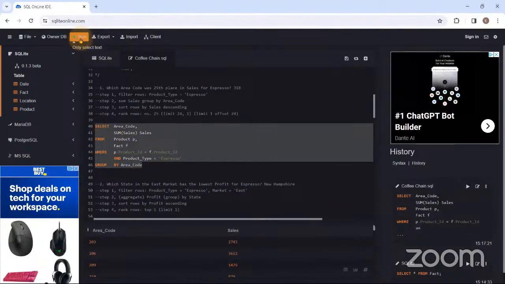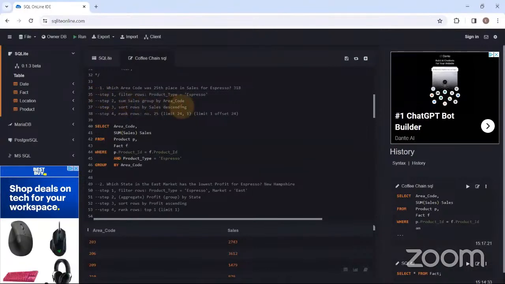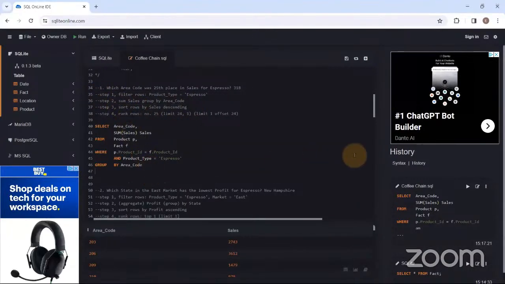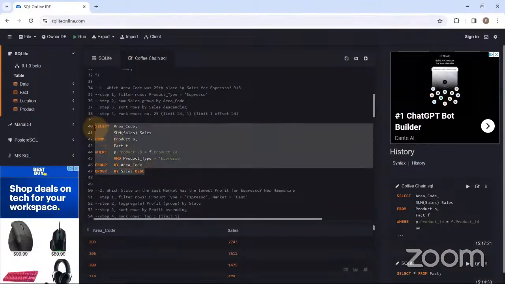Run it, and here is the result. Step 3, sort rows. Order by sales in descending order, from highest to lowest. Run it, and here is the result.